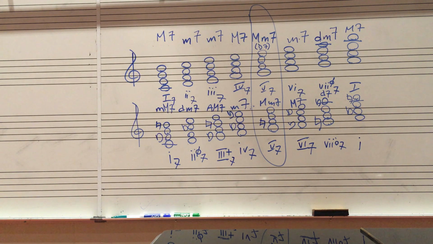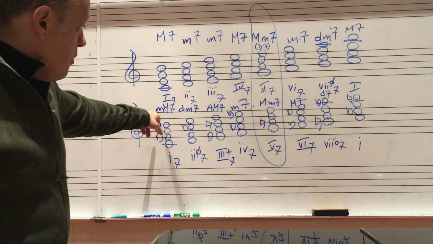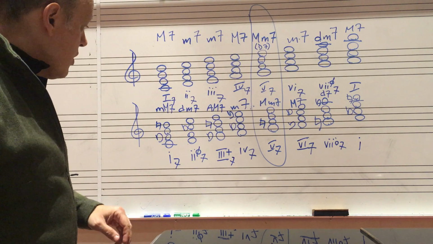It's in root position. That's an altered seventh chord. I'll talk about chord alterations to sevenths a little bit later on, because those are kind of cool and fun. But what's neat about that is that it then resolves to a tonic seventh in minor key. So that's that minor major seventh sound quality.